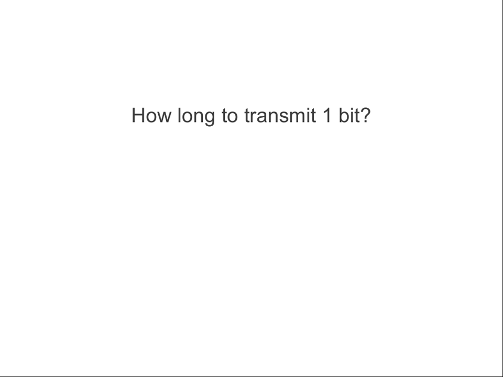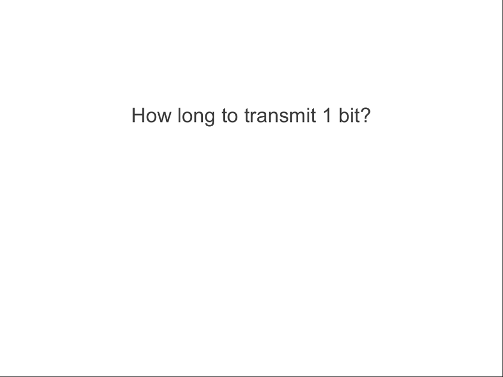2 microseconds. Okay? We can transmit 500,000 bits per second. That's the characteristic of my transmitting device. It's part of the design. The maximum it can send is 500,000 bits per second, the data rate.